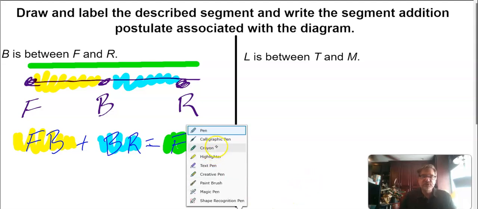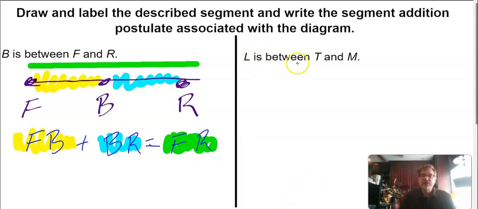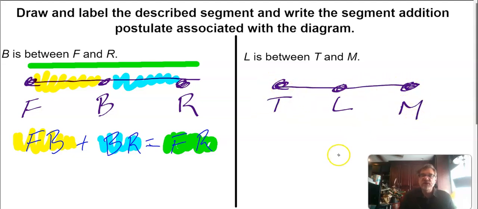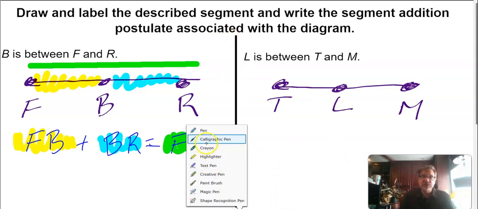Let's try it with a different setup. L is between T and M. So my 3 points are going to get these letters where L is between T and M. All of them are collinear because we're using the segment addition postulate.